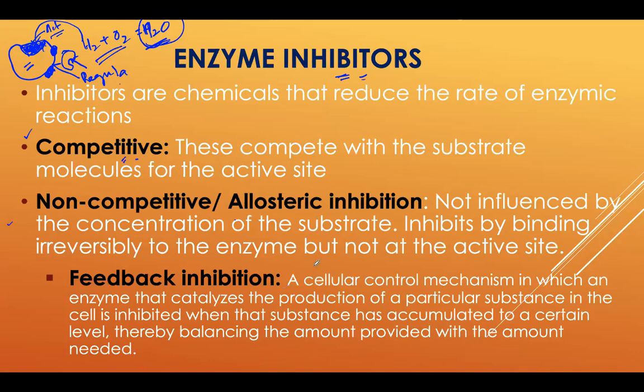Feedback inhibition, like let's say, as I told, that you have too much sugar inside your blood. Inside our body, I think you had studied all these during AP1 and AP2. So the body has its own mechanism.